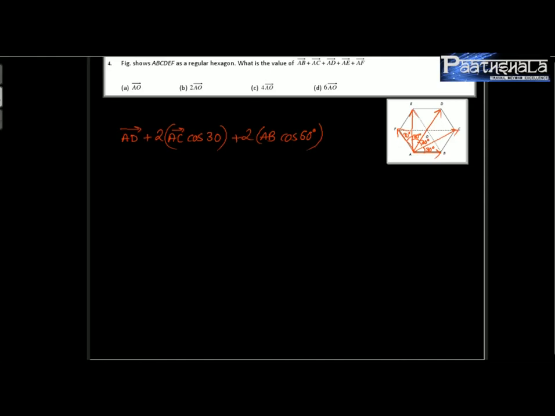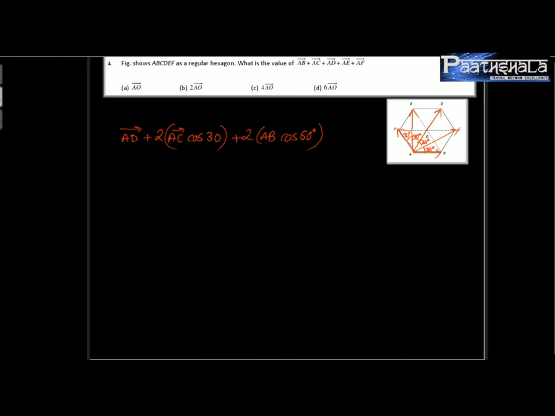Now the answer is supposed to be expressed in terms of AO. If you look at the options, the question expects us to answer it in terms of AO. So we have to write the final answer in terms of the length AO, because the direction is clearly going to be in the direction of AO. This we have also established from our logical deductions and the symmetric diagram that we have in front of us. So let us write down everything in terms of AO.